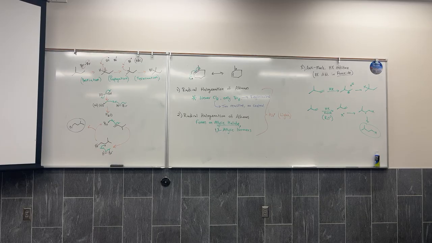This is a more substituted carbon in the alkene. This is a less substituted carbon in the alkene. Where will the carbocation go? To this one. This carbon is not part of the alkene. Okay, I'm so confused.